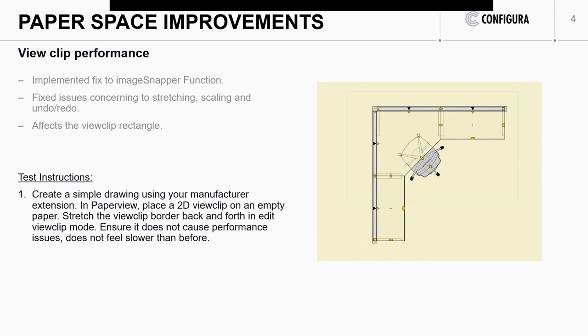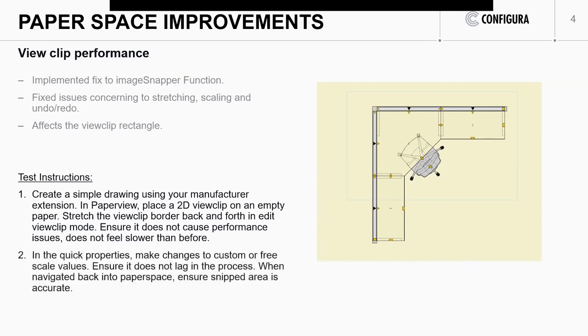In the edit view clip mode, stretch the view clip border back and forth, and ensure it does not cause performance issues and does not feel slower than before. Then in the quick properties, try changing to different scales, custom or free scale values, and make sure that it does not lag in the process. When navigating back into the paper space, ensure that the snip area is still accurate.